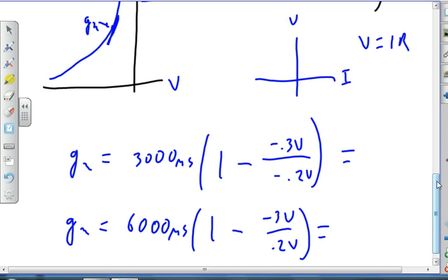All right, so now it's time for calculator time. 3,000 microsiemen times, parentheses, 1 minus, minus 0.3, minus 0.2.